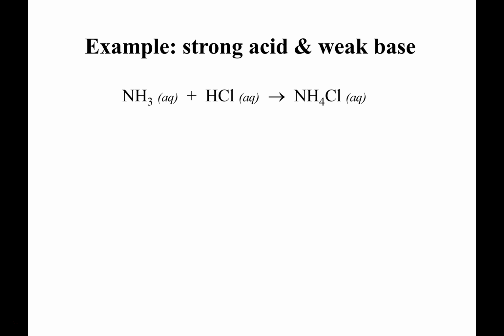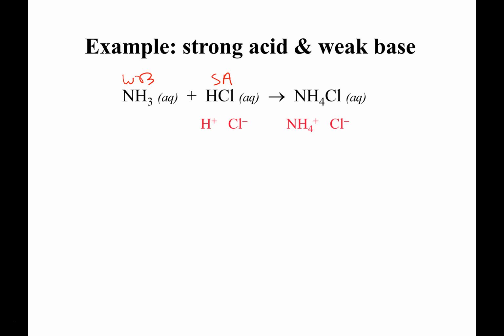All right. And this one, strong acid is HCl, weak base NH3. Seeing what breaks apart, looks like we have the HCl breaking apart entirely and the NH4Cl breaking apart entirely.